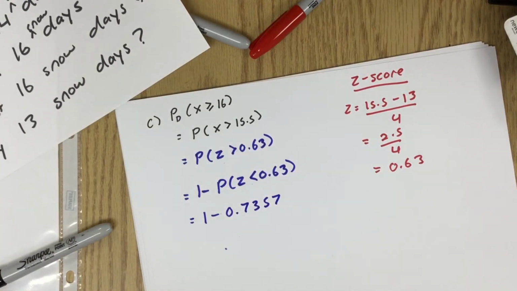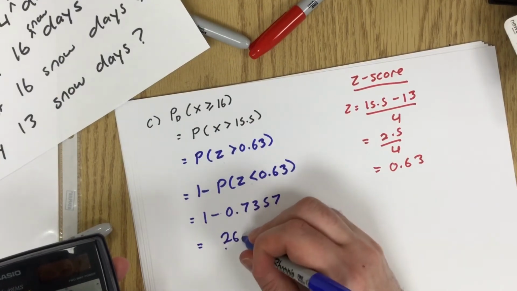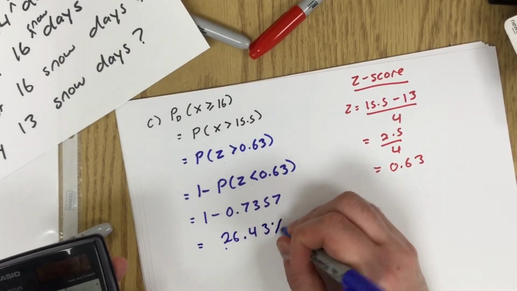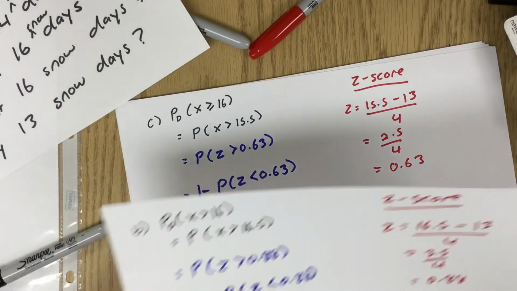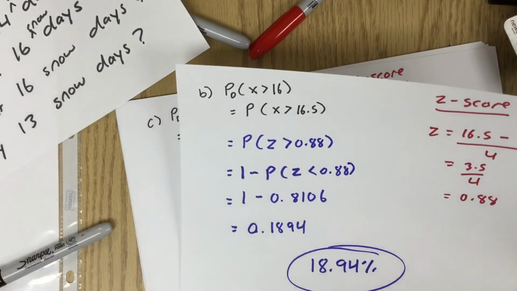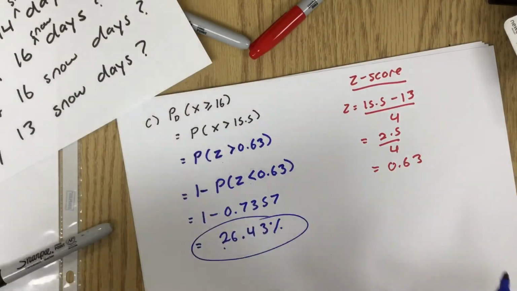Which is 1 minus 0.7357, which is going to be 26.43%, which is quite a bit different, right? So before there was an 18.94% chance of having more than 16 days, but a 26% probability of having at least 16 snow days.